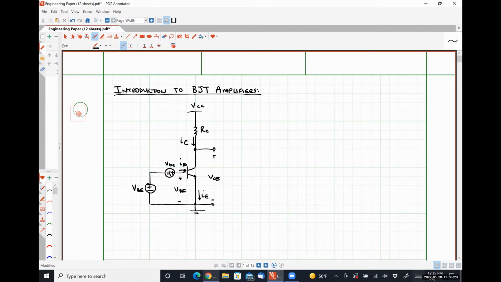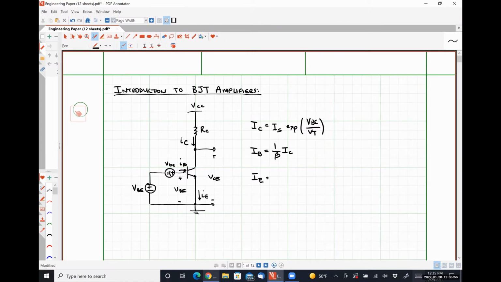Okay. So if we ignore lowercase vbe, the perturbation voltage, and we ignore the early effect, for this particular circuit, IC should be IS exp VBE over VT. IB would be 1 over beta IC.